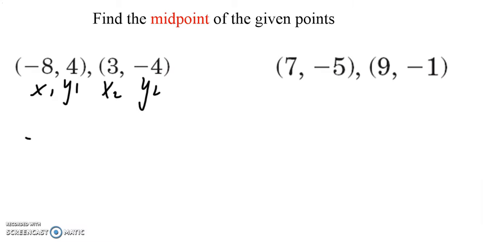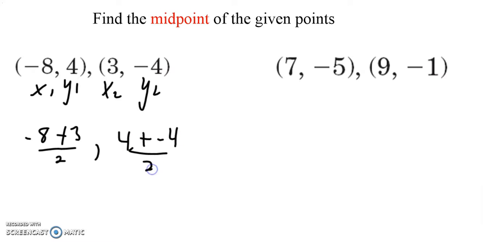So I'm going to find the average, negative 8 plus 3 divided by 2, comma, 4 plus a negative 4 divided by 2. That's the average. So negative 8 plus 3 is negative 5 halves, comma, 0 over 2 is 0. So that point would be at negative 2.5, or 5 halves is fine.